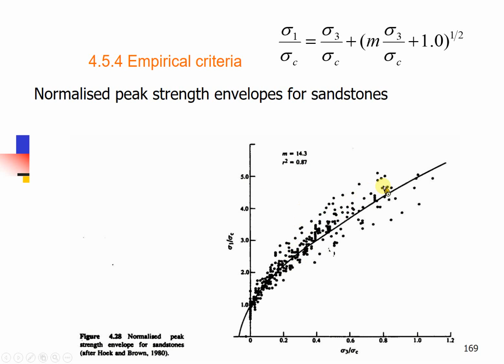Hoek and Brown tested a lot of different rocks and found the shape of this curve is highly related to the lithology. So m controls the shape of this curve, and he can determine m.